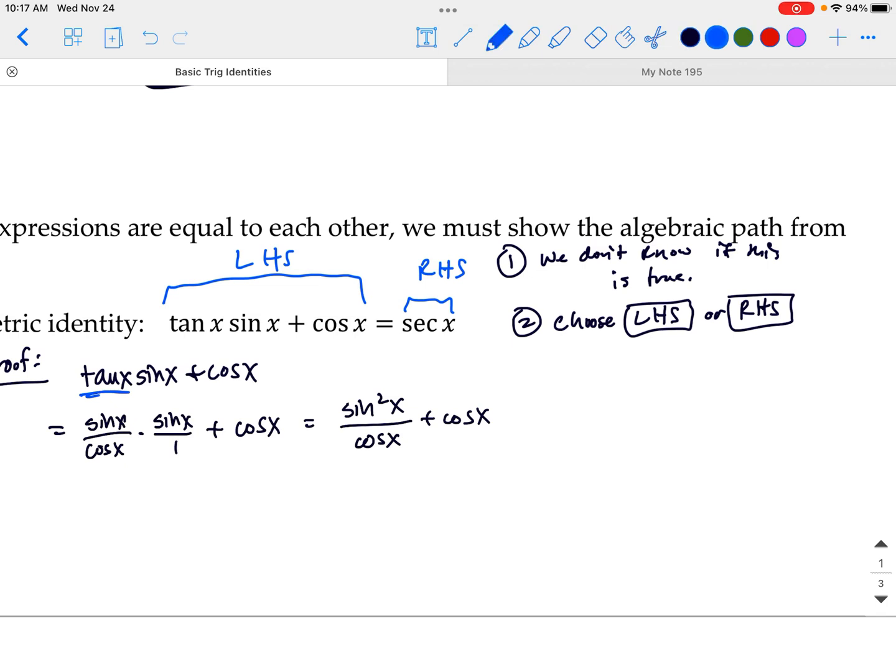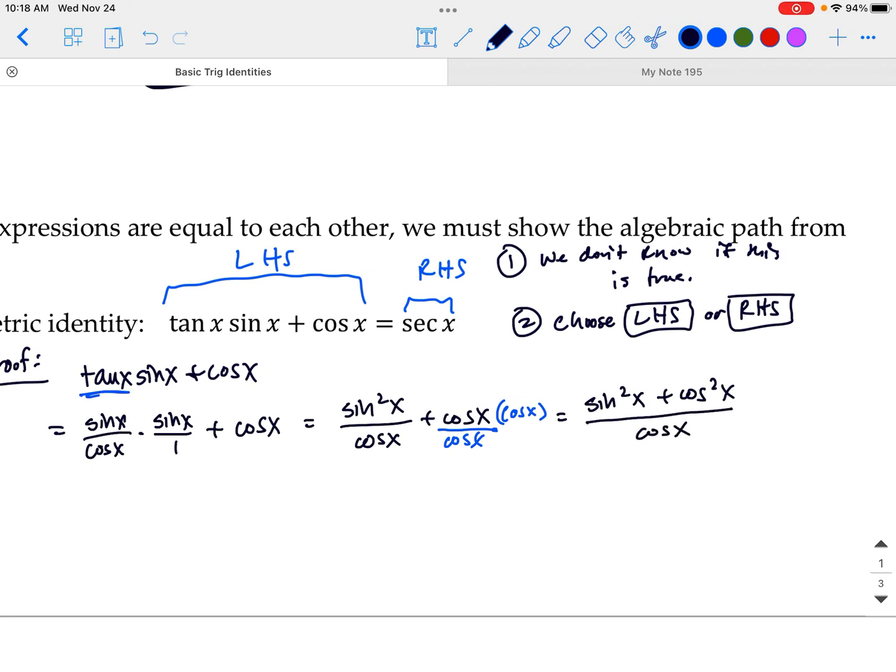So I'm probably going to want to combine these two terms. So in order to do that, we're going to need to find a common denominator, which in this case is cosine. So I'm going to multiply and divide by cosine. So what we end up with is sine squared x plus cosine squared x all over cosine x.